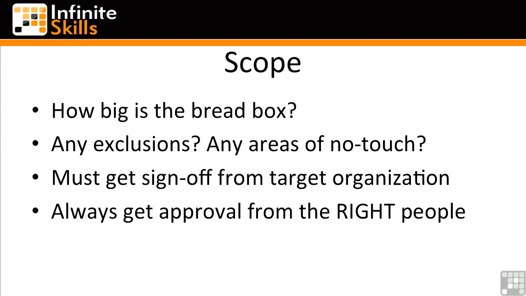So definitely get the scope very clear and in writing and with signatures attached to it as to what you can and can't do. Always get approval from the right people. Make sure you get somebody who has the right level of permissions and is the right level of management so that they can sign off on it, understanding and accepting the risk that is associated with a penetration test.